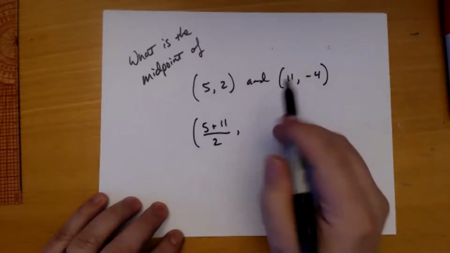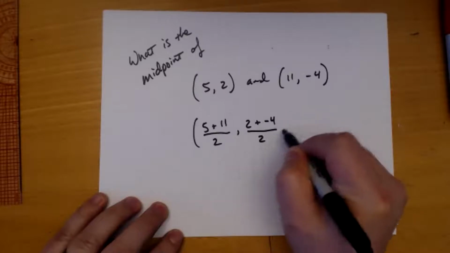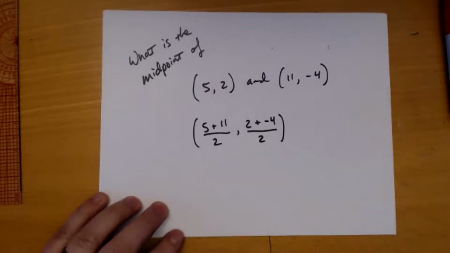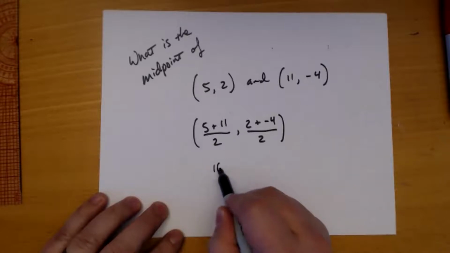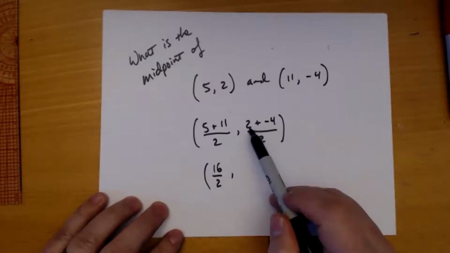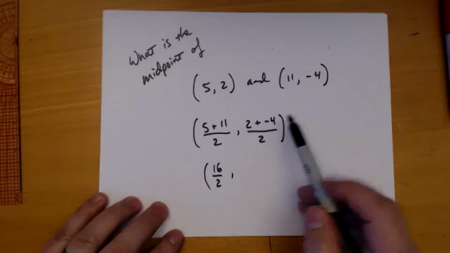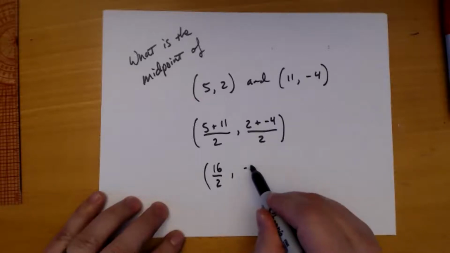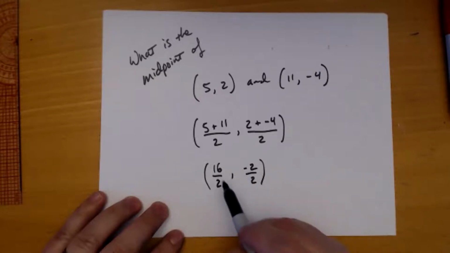And then we take our two y's, add them up, and divide by 2. So 5 plus 11, 16. And 2 plus a -4 is the same as saying 2 minus 4, which is -2. And then you divide.